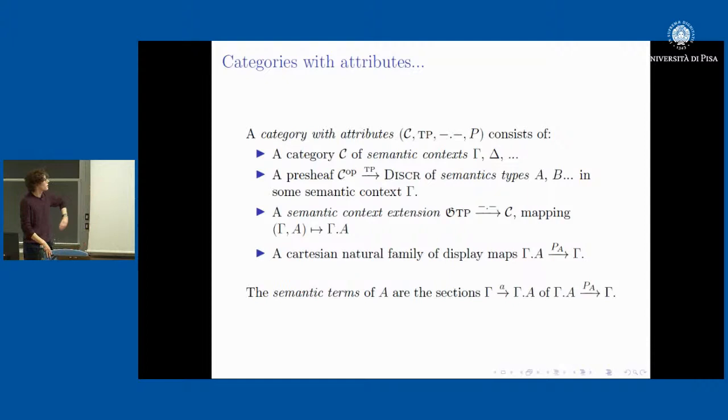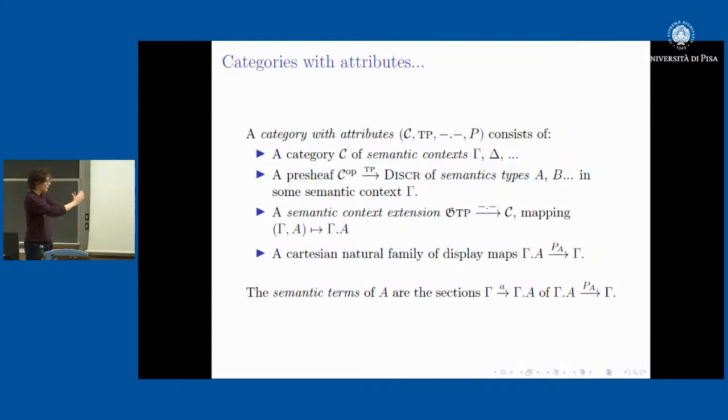The idea is, what is a category with attributes? You are given a category C, whose objects we call semantic contexts: Gamma, Delta, and so on. Then you want to give semantic types in this context. So you are given a presheaf TP, which sends any context Gamma into the family of its semantic types, which I denote with capital Latin letters, A, B, and so on.